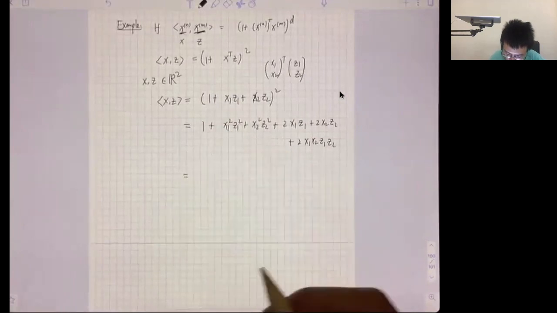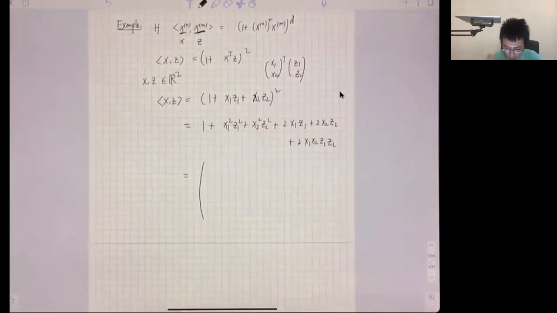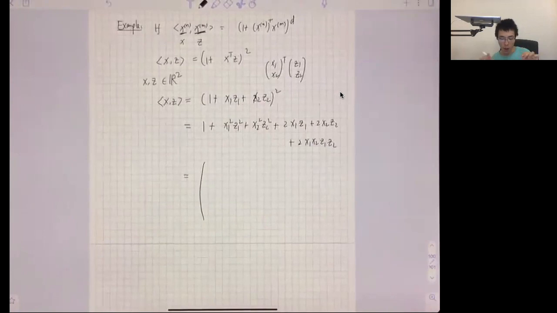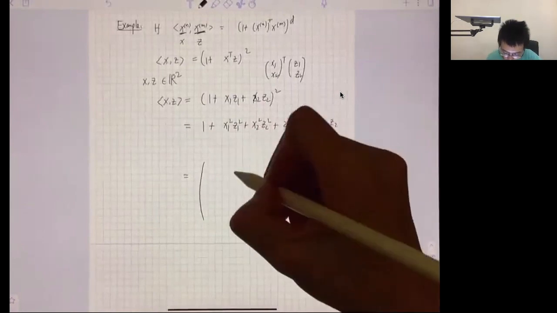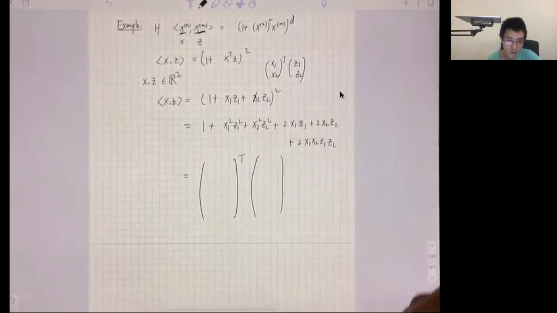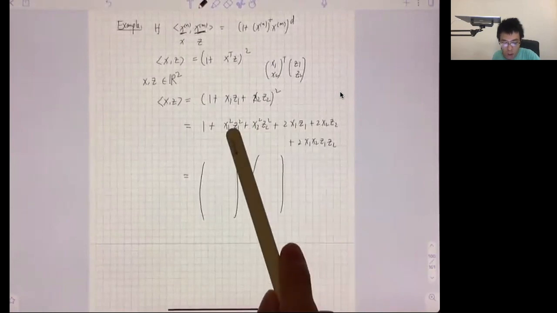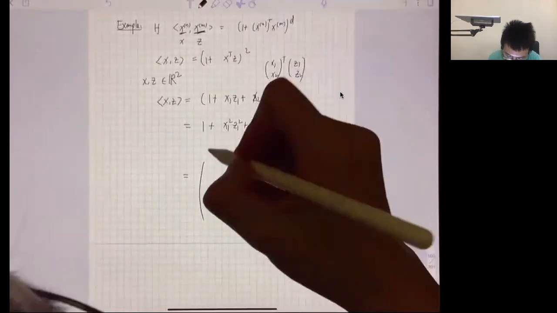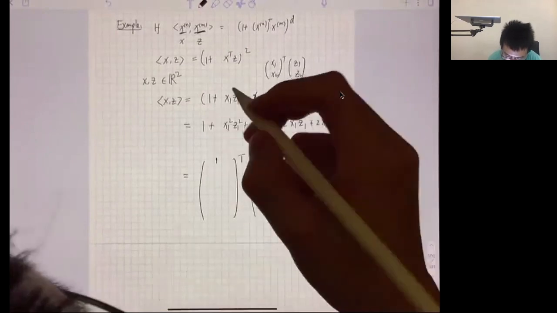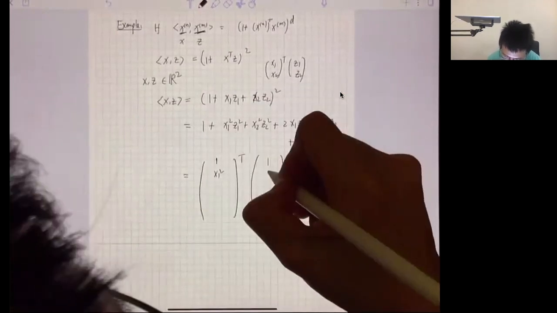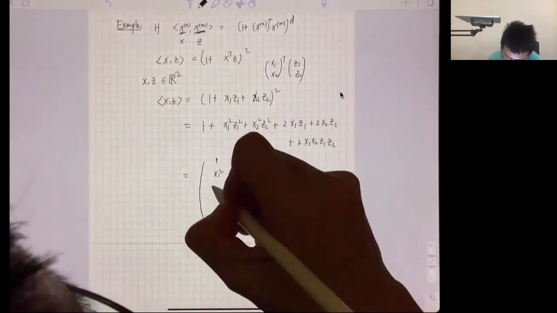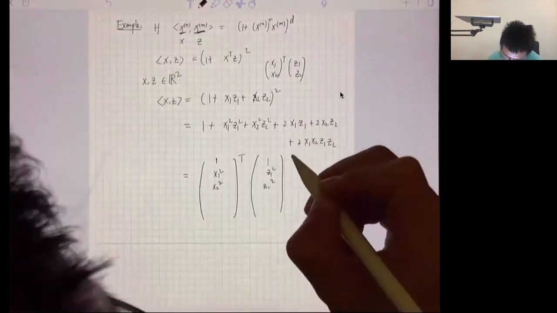Then this can be written as, okay, so I would like to decompose each term into x only or z only. So I would like to say this is the vector transpose vector, and then you have element multiplication, and then you take the summation. So I want to group each of the additive terms into x or z only. Okay, so I say this is 1, and the second term is x1 squared, this is z1 squared, and the third term is x2 squared, z2 squared.